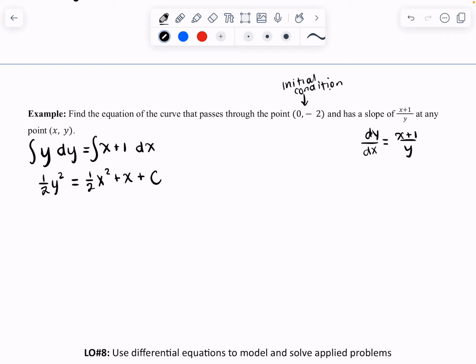I am going to find the c now in this problem. But it might be interesting for you to try finding the c later and seeing how they compare. Sometimes your answers can end up looking different. A strategy to tell if they're the same is to graph each of them and see if you get the same graph. Okay, so we're going to use (0, -2) to find c.